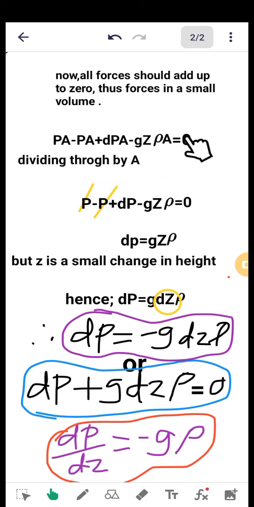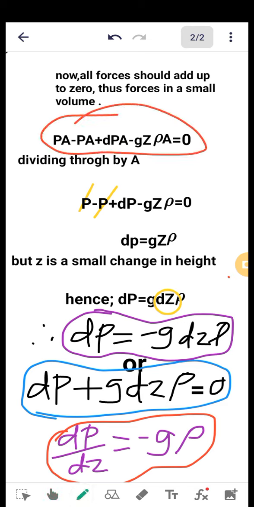So when we sum the whole of this and divide through by A, we get P minus P plus dP minus g times rho times z equals 0. Mind that the pressure equals gravity times z times rho.